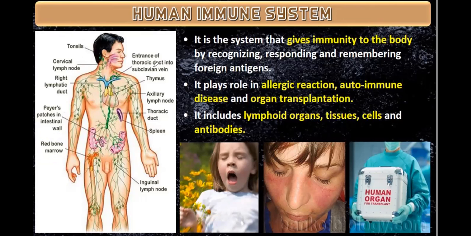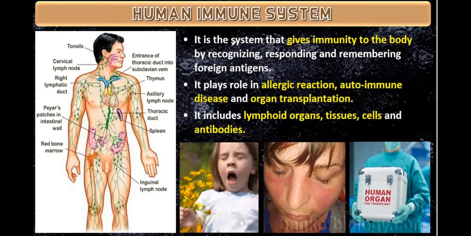The entrance of the thoracic duct into the subclavian vein is also a part of the immune system. Thymus is also a part of the immune system. These are axillary lymph nodes. These are the thoracic duct, spleen, and inguinal lymph nodes. So these are different locations where our immune system is present.